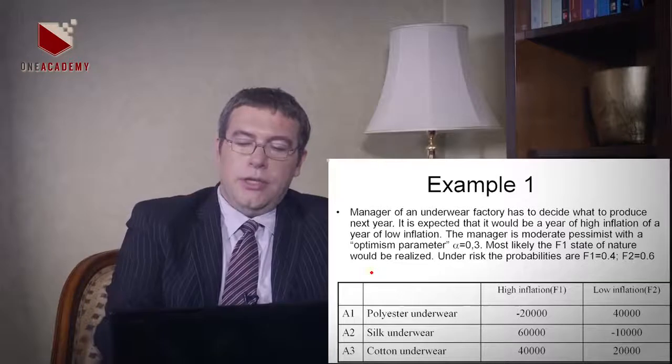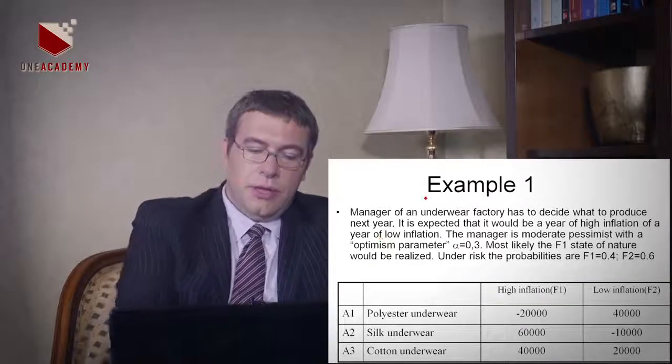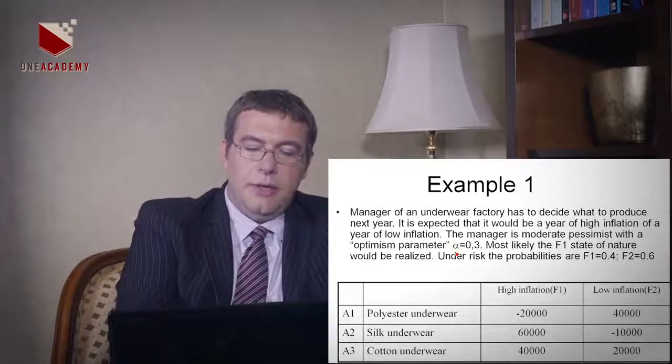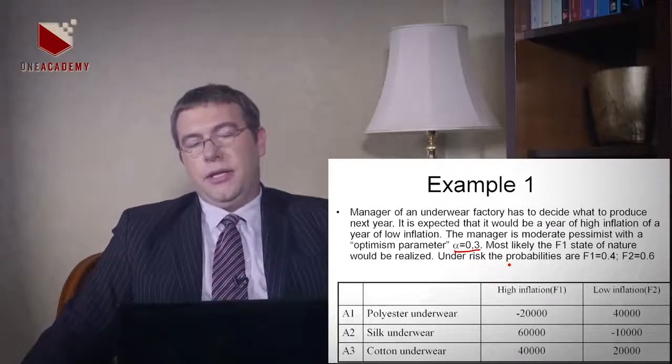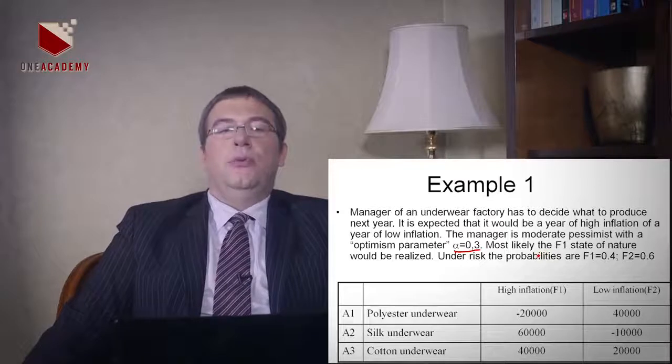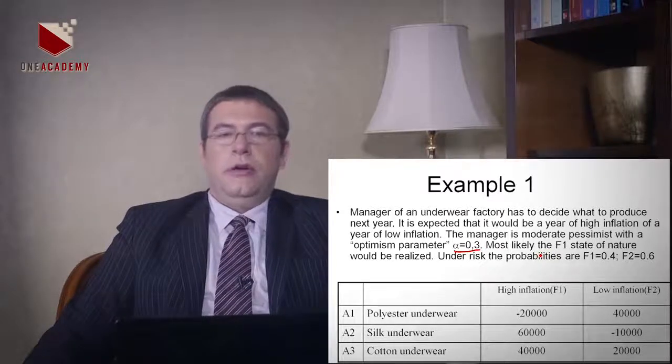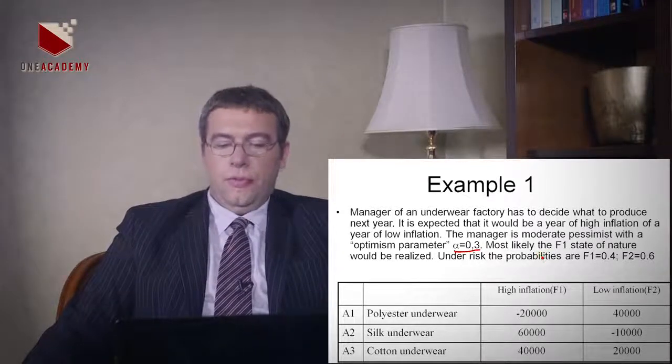The manager is a moderate pessimist with an optimism parameter of alpha equal to 0.3. We will need this number for the Hurwicz decision rule.